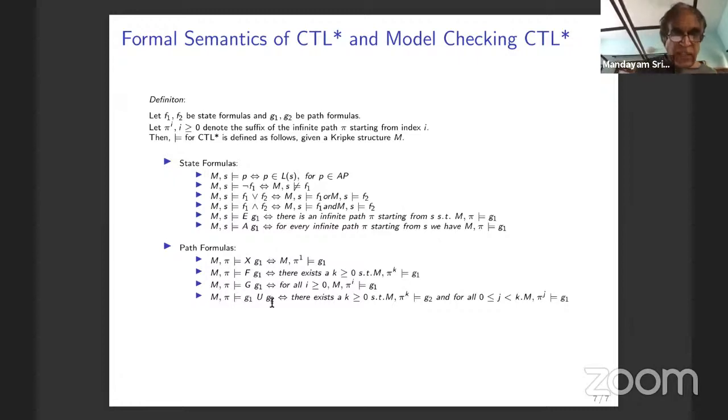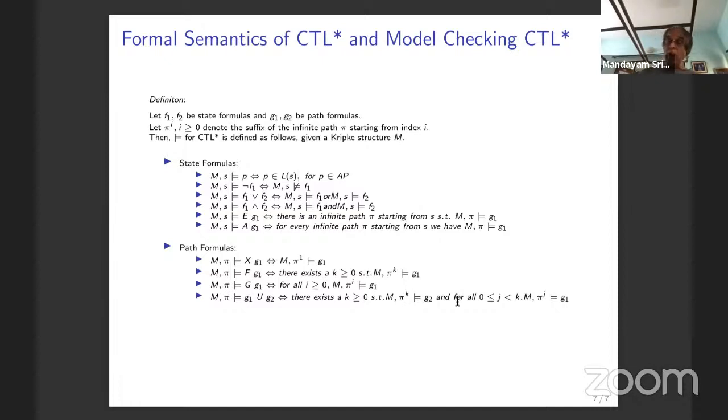So G1 until G2 is, there are two conditions. There exists a k greater than or equal to 0, at some future point, where G2 must be true. That G2 must eventually hold good of the suffix path starting from the kth position.